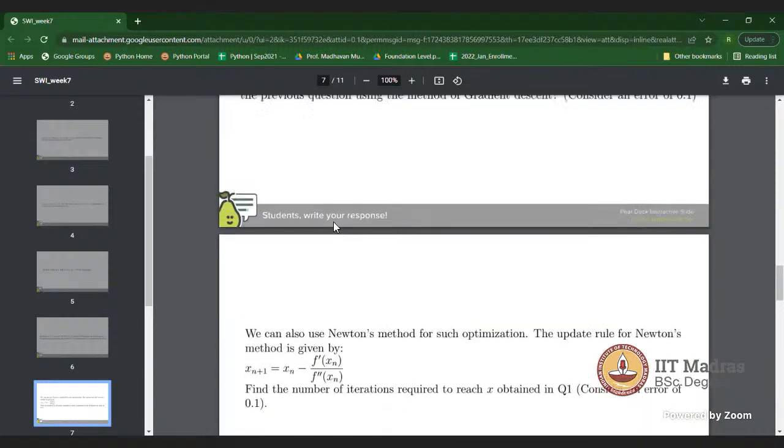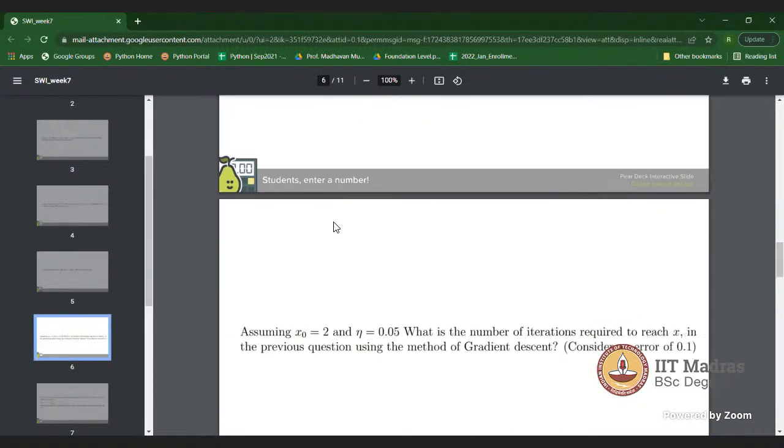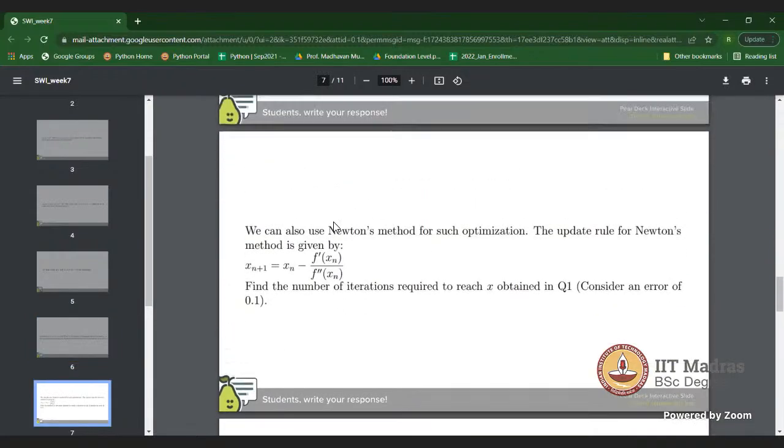For the same problem of 2x minus 8 whole square, assuming x naught as 2, how many iterations do we need to arrive at the solution? Clear? Okay, sir. So here, instead of eta, we will just do f dash of x divided by f double dash of x, correct? Yeah.